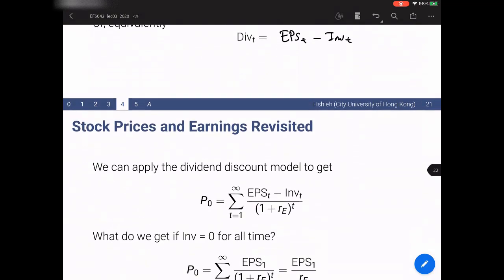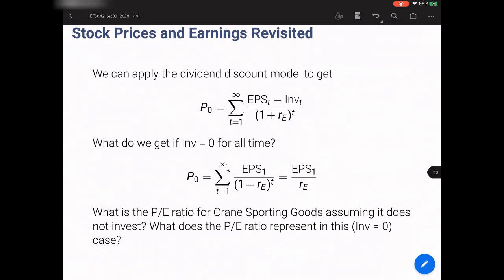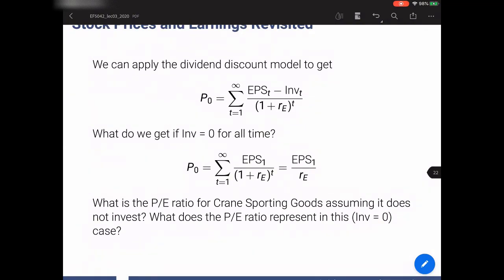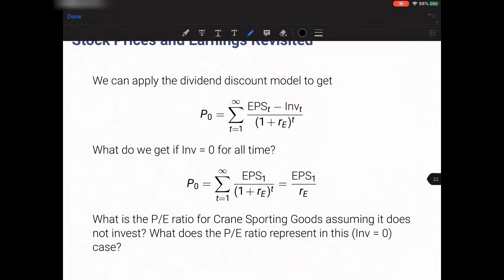So let's get started. On slide 22, let me write out the dividend discount model for you first. So P naught is equal to the infinite sum, starting from time equals 1, of dividend payments T divided by 1 plus the opportunity cost of capital for equity stakeholders, RE, to the T power.